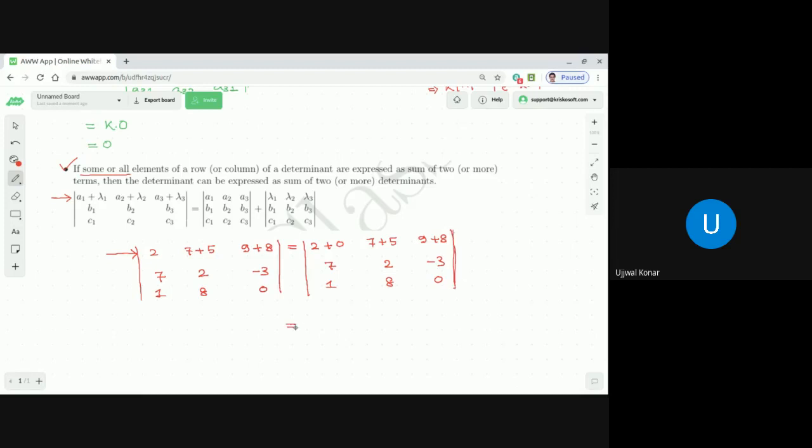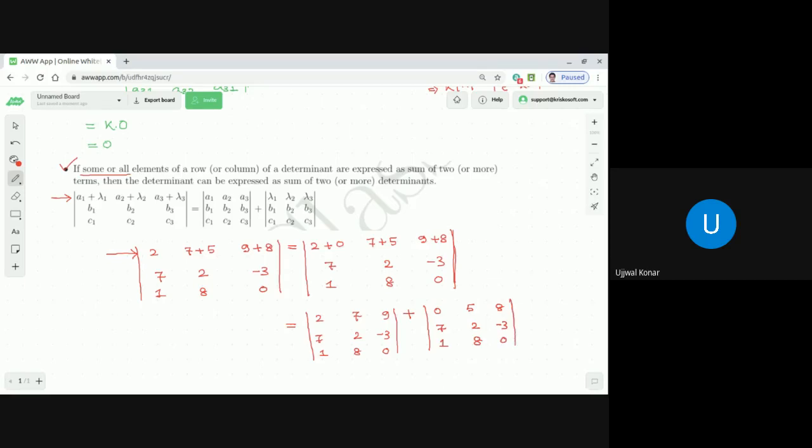We are going to express this determinant as 2, 7, 9, 7, 2 minus 3, 1, 8, 0, and again plus the corresponding elements of the second term, that is 0, 5, 8, 7, 2 minus 3, 1, 8, 0.